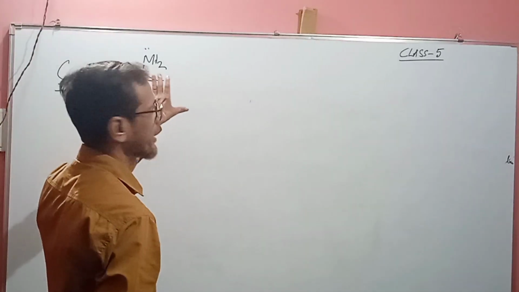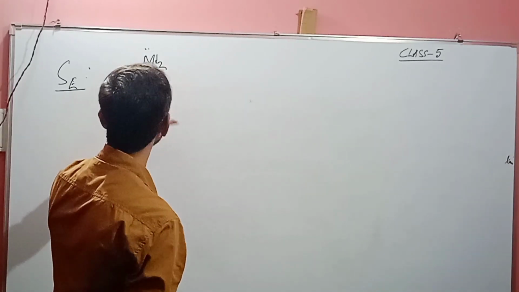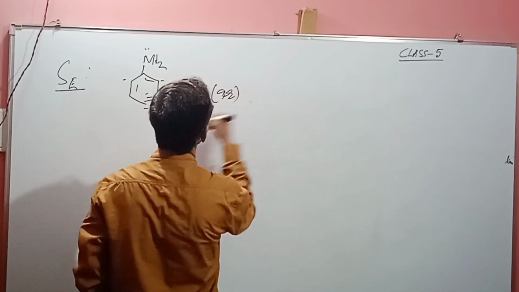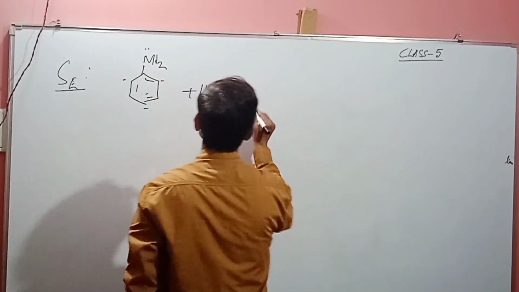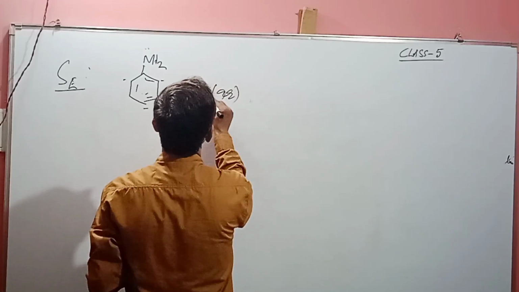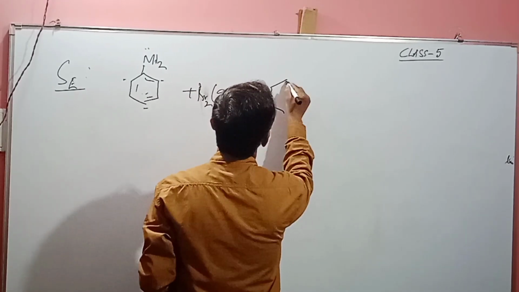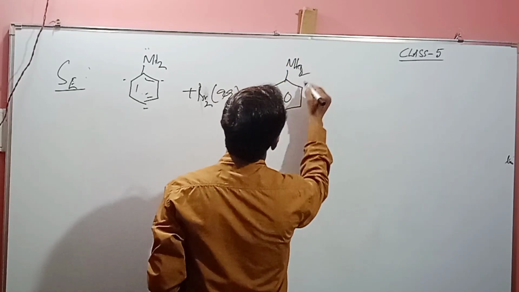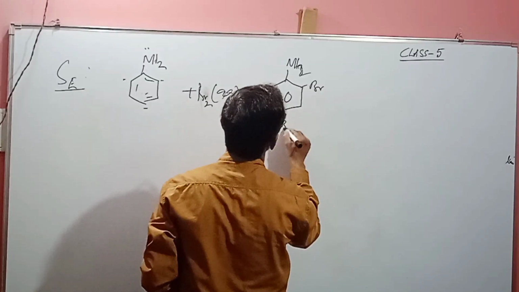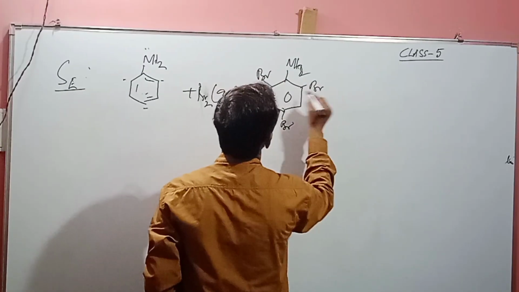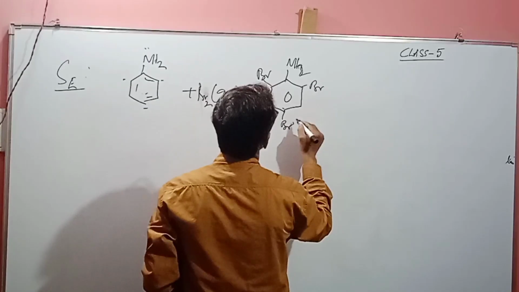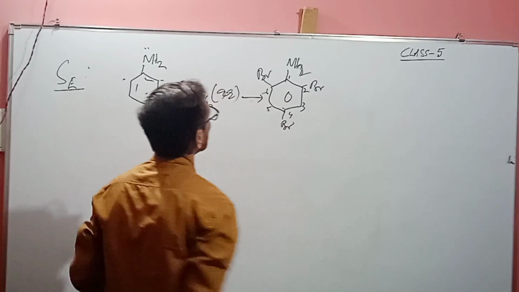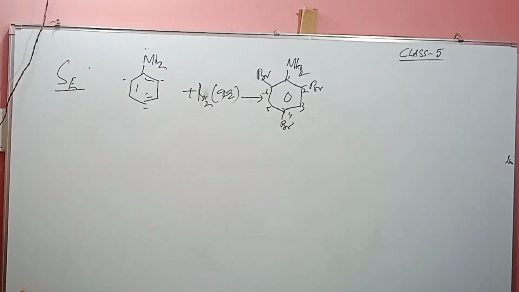Because of the activating NH2 group in the benzene ring, if you use bromine in aqueous medium, instantly we get this compound, 2,4,6-tribromoaniline.